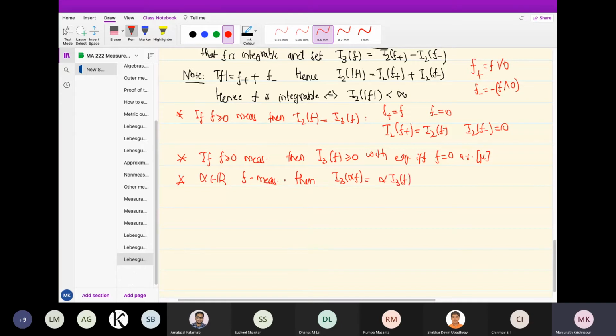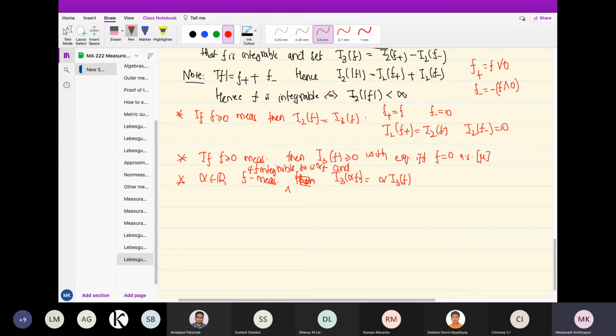I should have inserted a sentence here, which I will now skip since I already wrote it. I should have said if f is integrable, then alpha f is also integrable and I3 of alpha f is alpha times I3 of f. So maybe I insert here: if f is integrable, so is alpha f, and this holds.